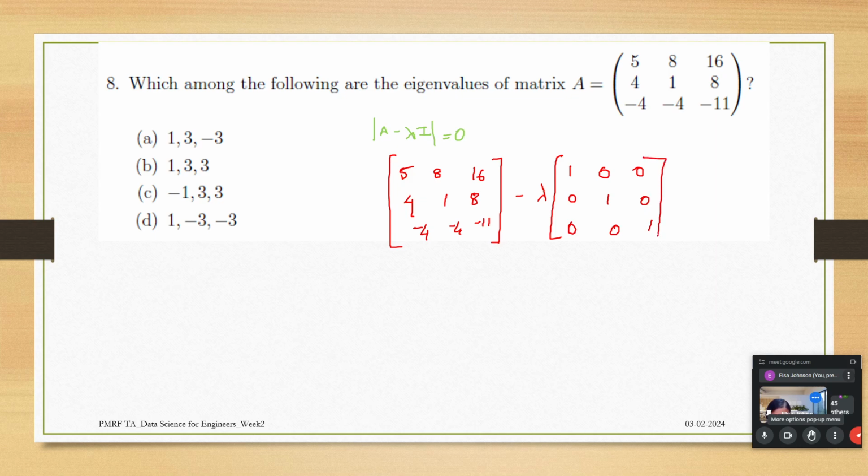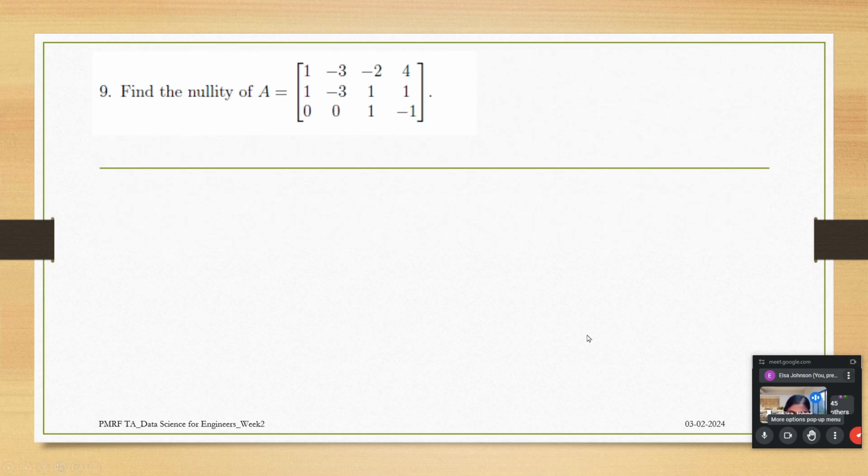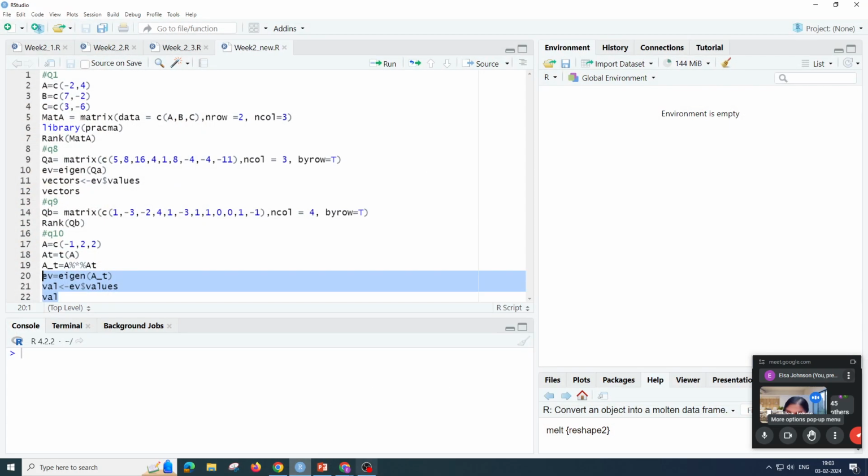For this question you can solve this and get the answer. I'll show you another thing also for this particular equation, because I'll just go to the R studio also. So here is question 8 I have given.